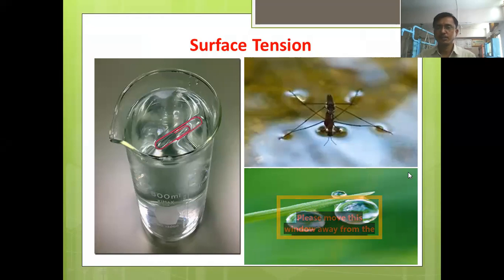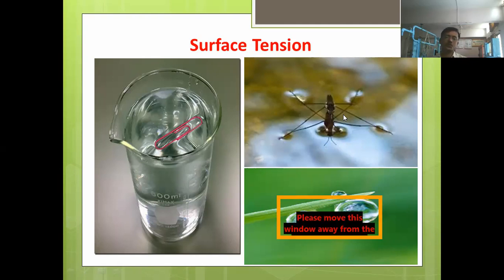Surface tension. Here you can see there are three images, and the phenomenon or reason behind all these three is only one concept: surface tension is responsible for these three phenomena.